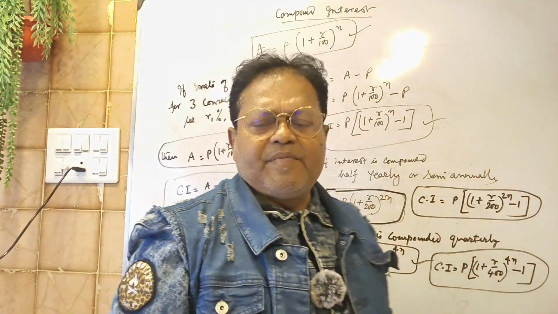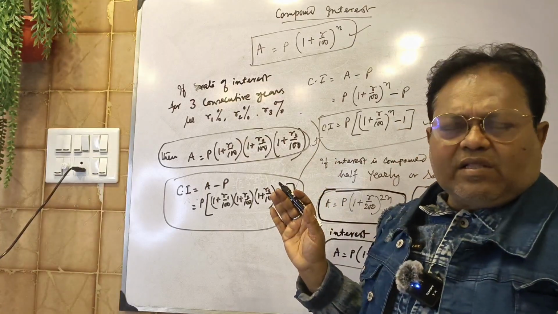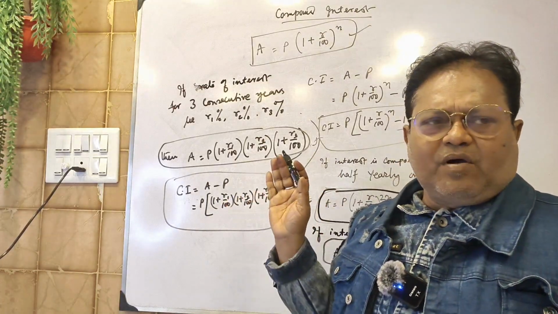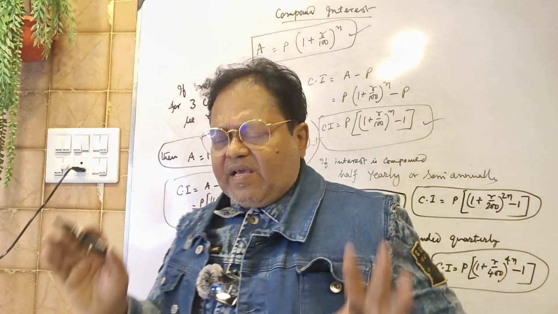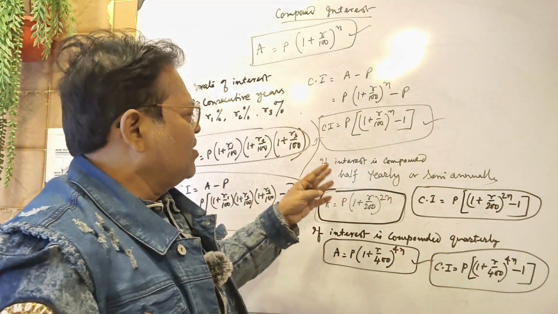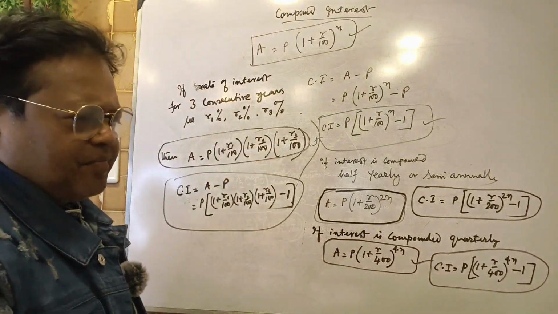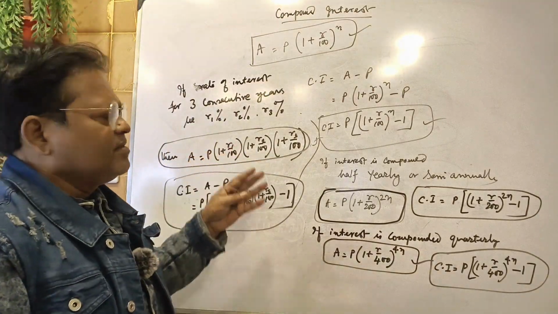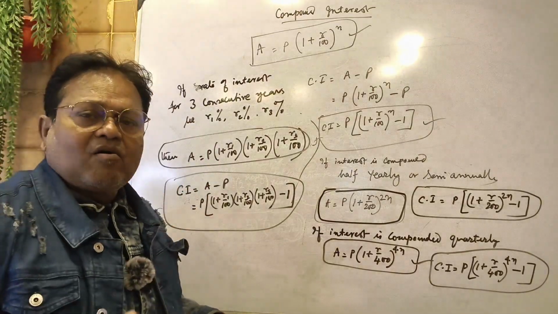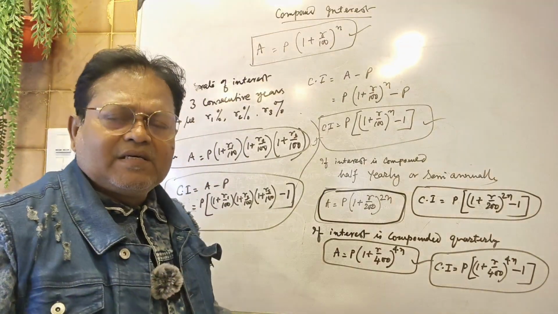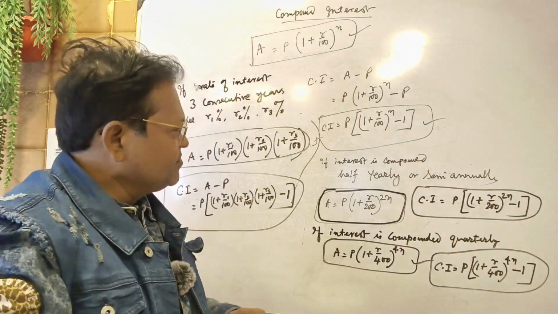I have discussed all the possible types of questions that may come in the examination: yearly, semi-annually, quarterly, if successive interest is given in successive years, and if compounded annually but the time is given in fraction.